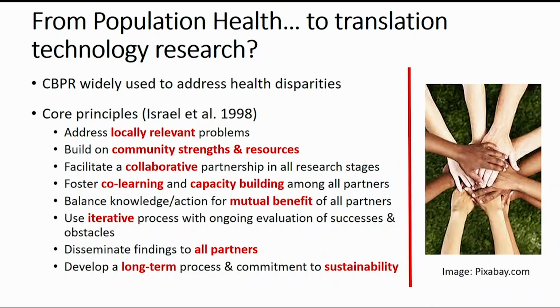Okay? It's often an iterative process, so this can make it challenging if you're a master's student, for example. You don't have a lot of time, but at a doctoral or postdoctoral level, when you might have a longer period of research, it's often an iterative process. We don't always get it perfect the first time around, but we learn from the first time and then we try to do better the second time.